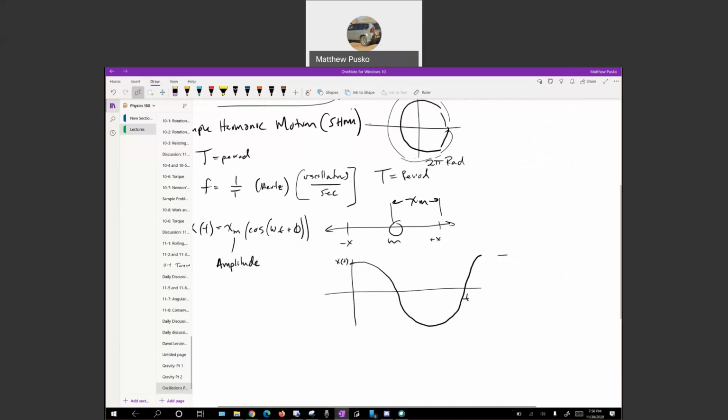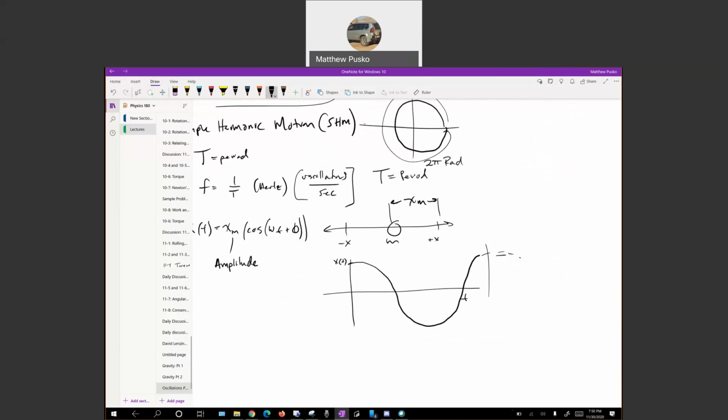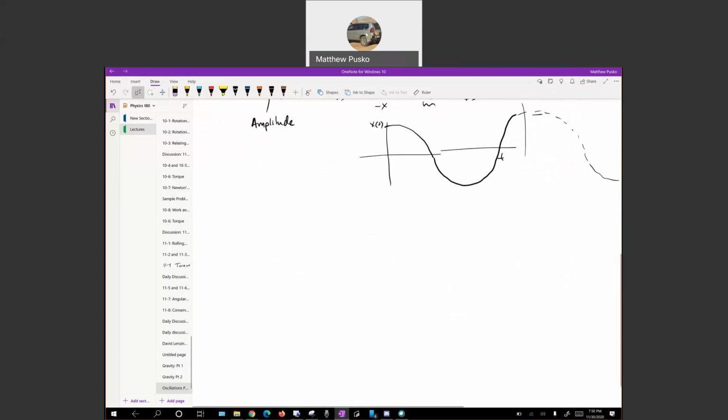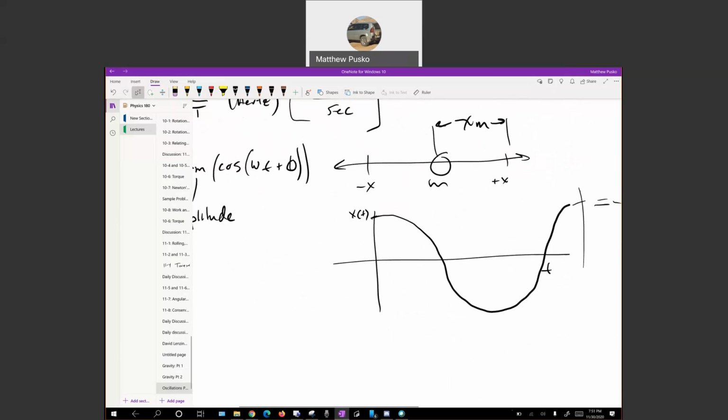And then that would be one period, and then continues through. The amplitude refers to the maximum height right here. This is equal to minus the amplitude. So it oscillates back and forth between what we call that amplitude.